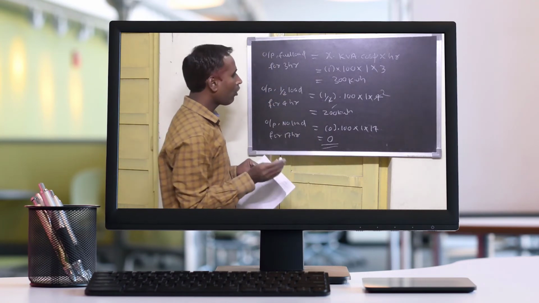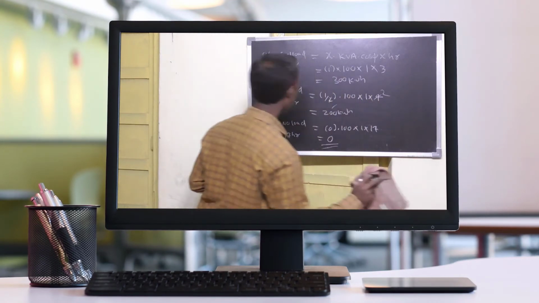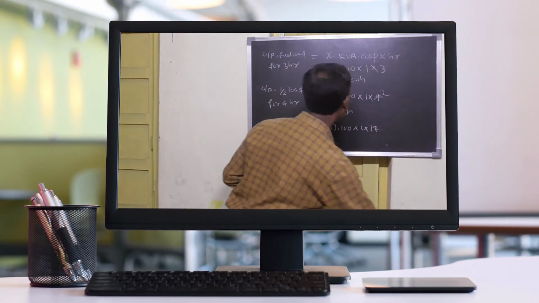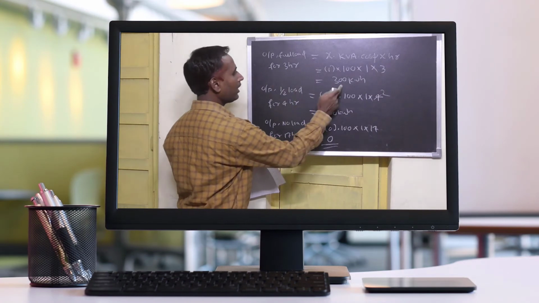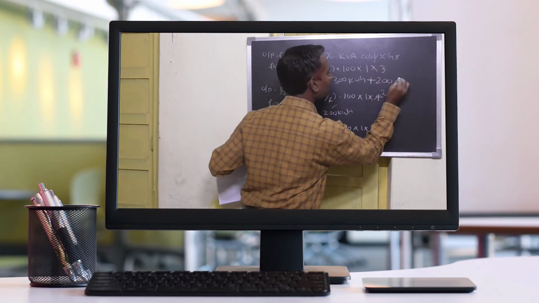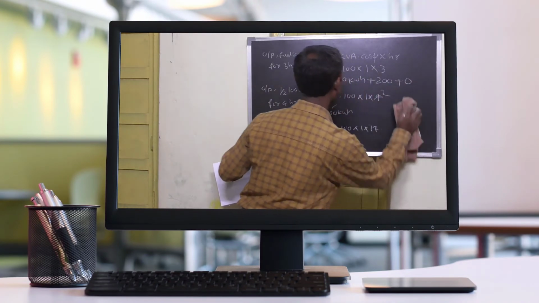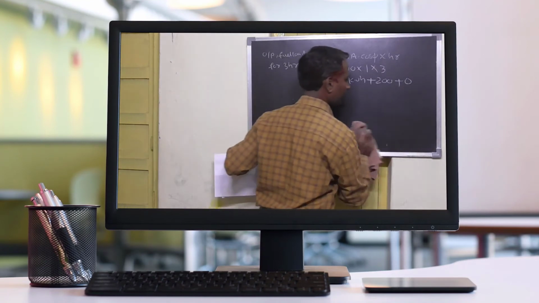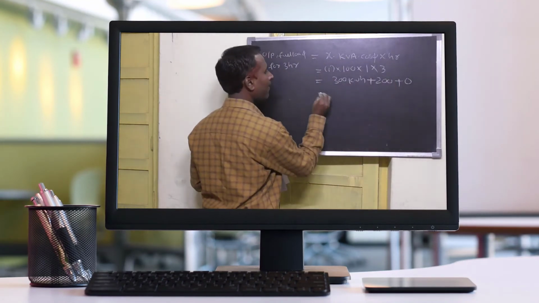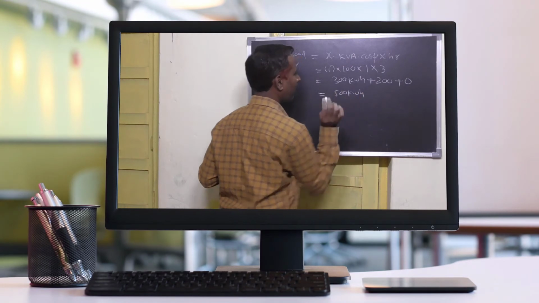Now I am combining the total output. One is 300, second is 200, third is 0. I will get 500 kilowatt hour.